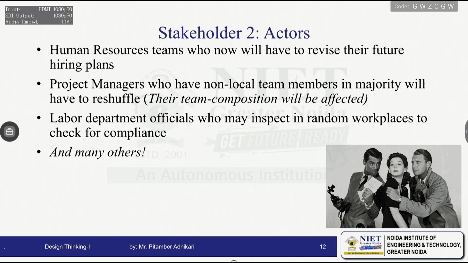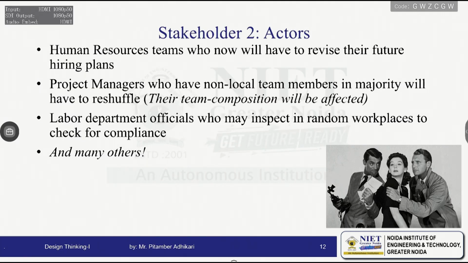In this particular example, human resource teams can come under this category, because now they have to revise their hiring plan and work according to that law. So human resources have to look at their future hiring plans.